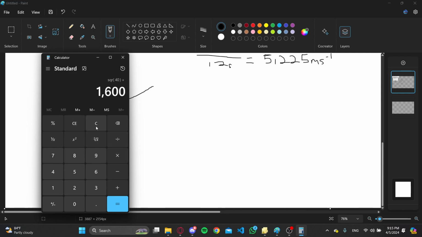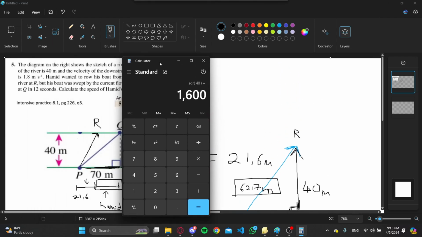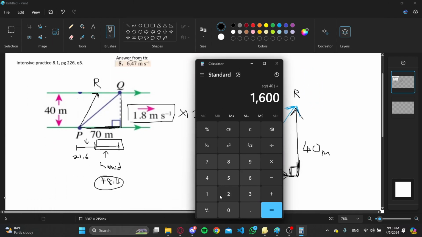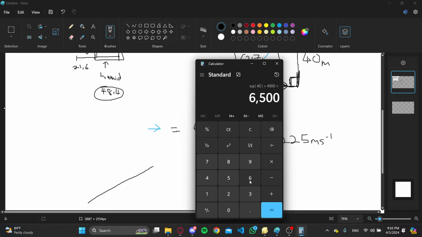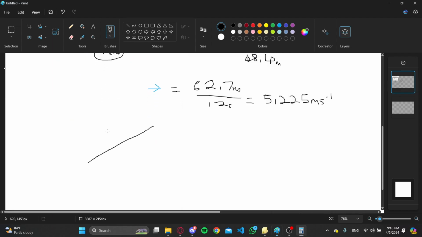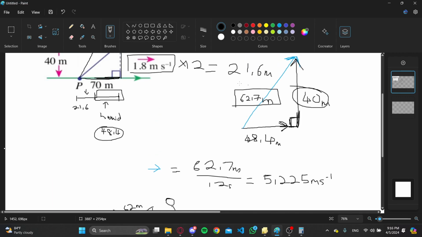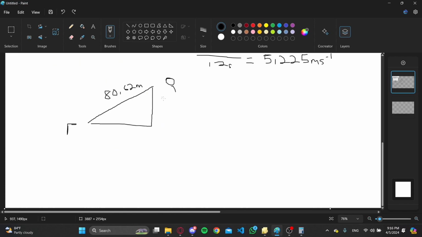What's 70 squared? 4900, right? Okay. So this 6500 square rooted is this. So his boat traveled this distance. This is with the help of the river. This P, this Q. And now I claim that he travels upwards 40 meters.